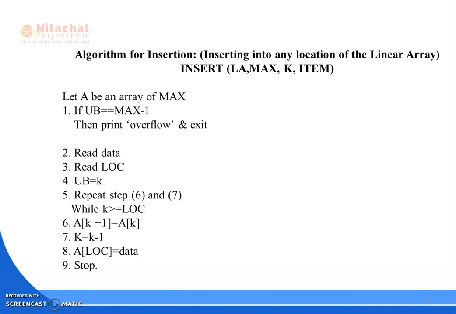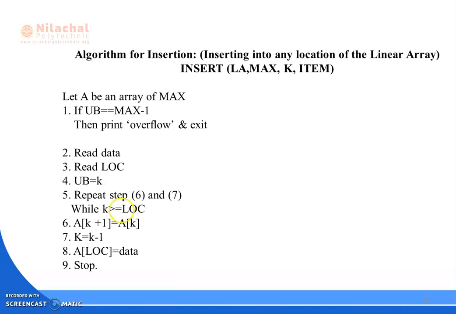So it is shifting the value at A of 3 position to the next position, that is A of 3 plus 1, the fourth position, as we did in the insertion at the beginning process. It shifts A of 3 to A of 4, A of 2 to A of 3, and A of 1 to A of 2.